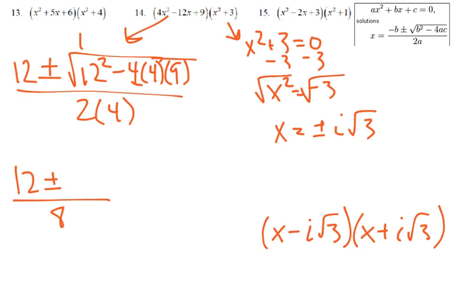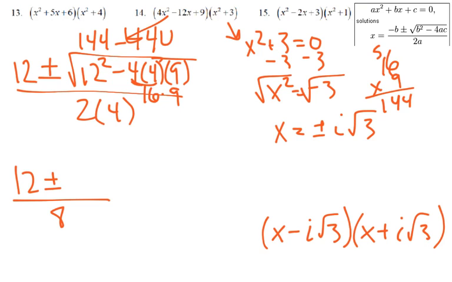Okay, that's 144, right? 4 times 4 is 16 times 9, that's 144. So 144 minus 144, which would give us 0. Square root of 0. Not complaining about that one.